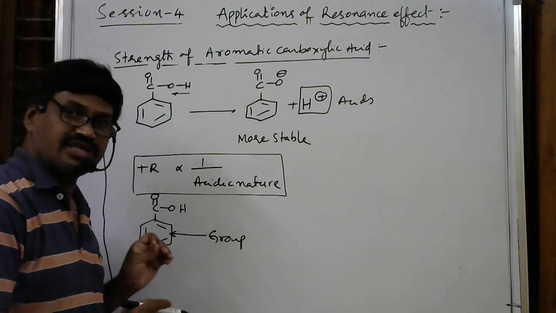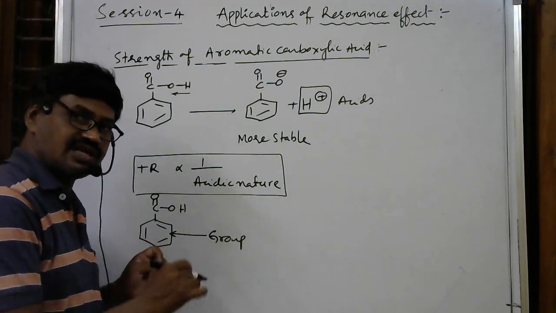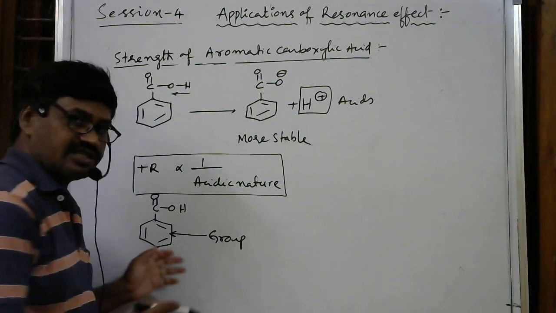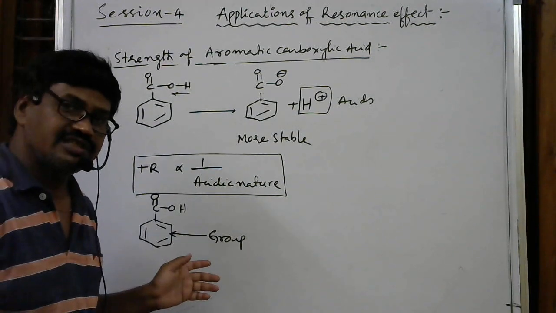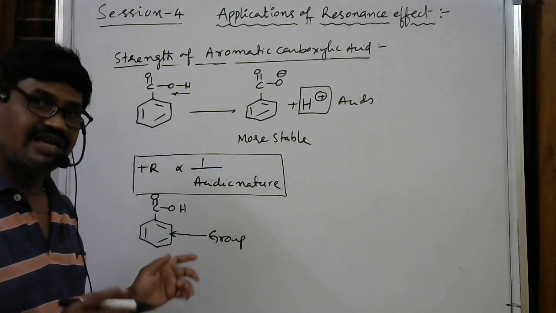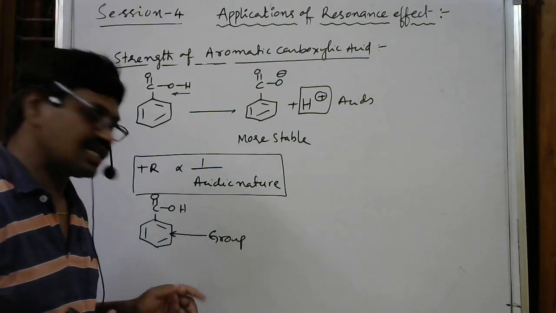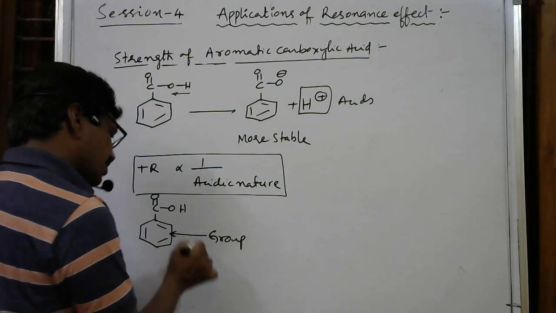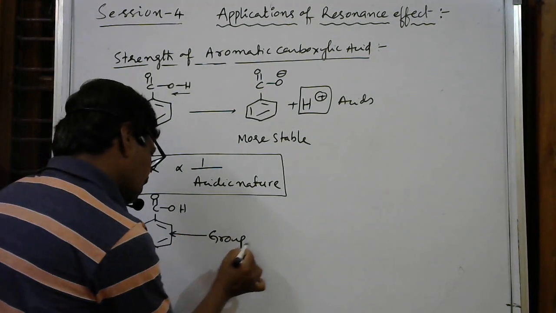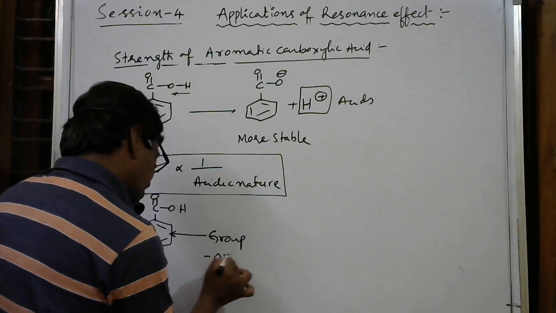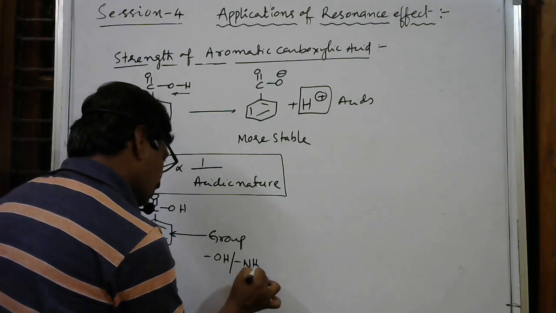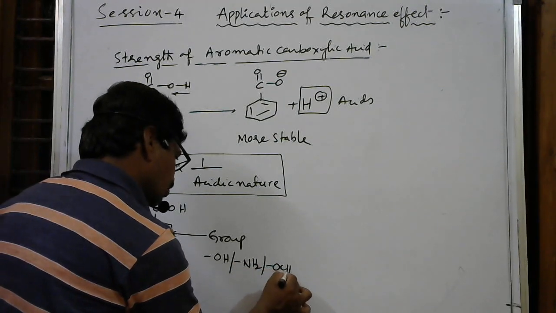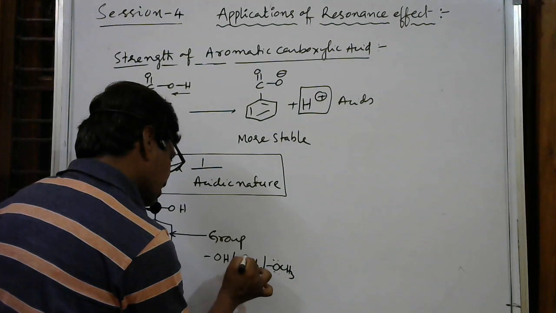Plus R group, minus R group, how can we distinguish? In the previous class we discussed. If the group contains a lone pair of electrons on the key atom, the atom directly attached to the conjugated system is called the key atom. If that key atom contains a lone pair of electrons, the group may be an OH group, an NH2 group, or an OCH3 group, because lone pairs of electrons are present.